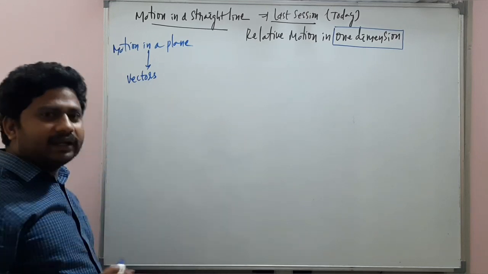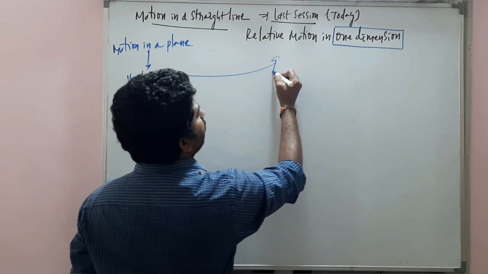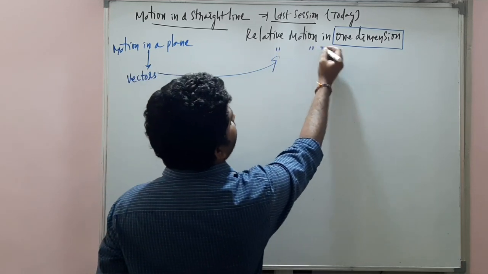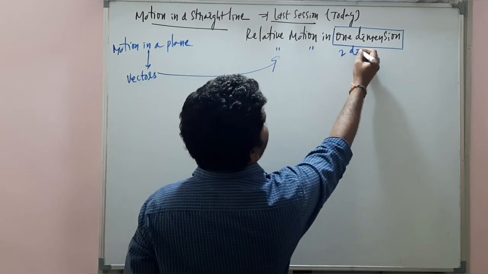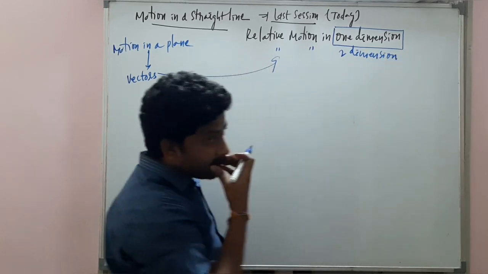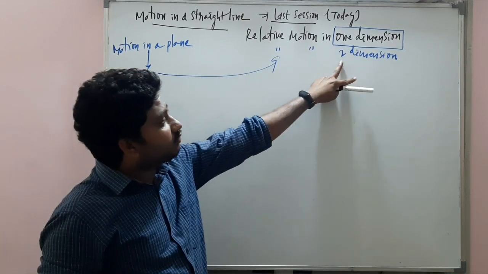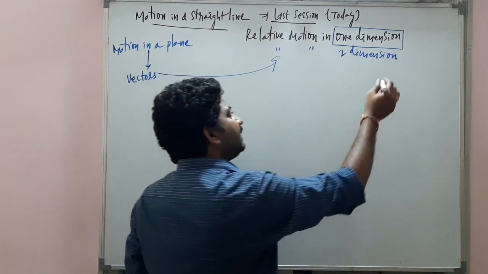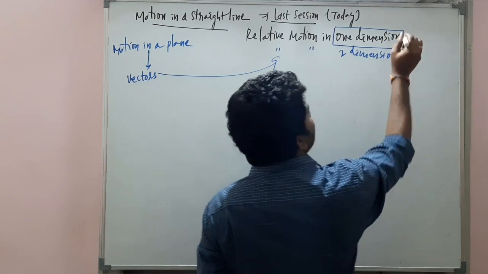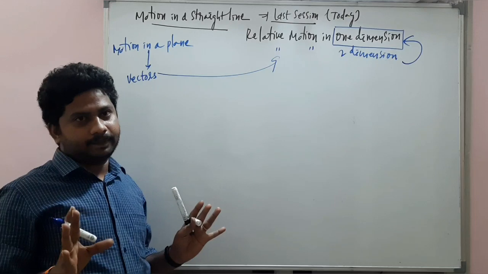After understanding these vectors, there will be a topic called relative motion in two dimensions. While discussing relative motion in two dimensions, we will be discussing one dimension once again. So then you will be understanding in detail.